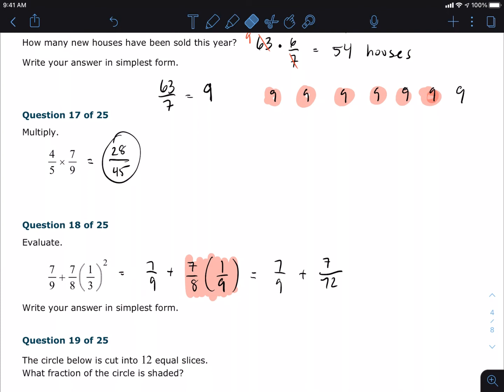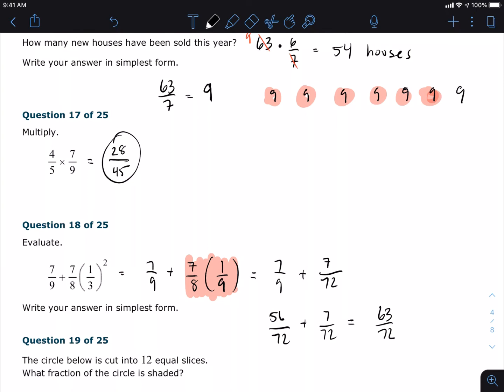Oh no, I was right. 9, I have to multiply by 8. Silly me. I don't know, I must be tired. 72, so that's by 8, so that's gonna be 56. And then 56 plus 7 is 63 over 72.